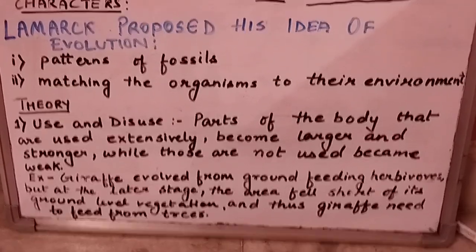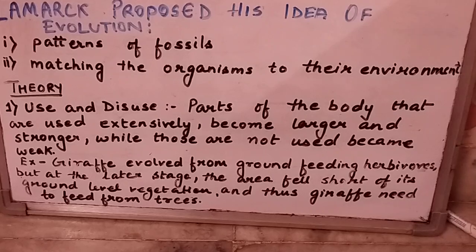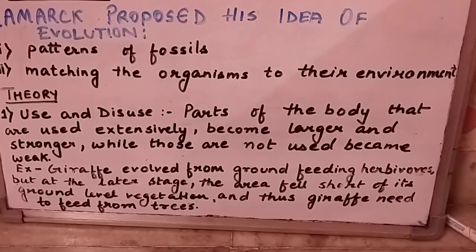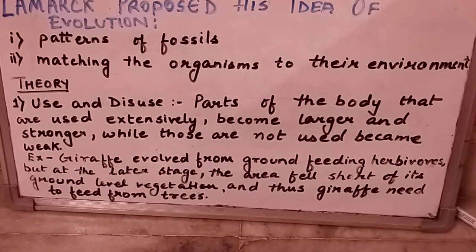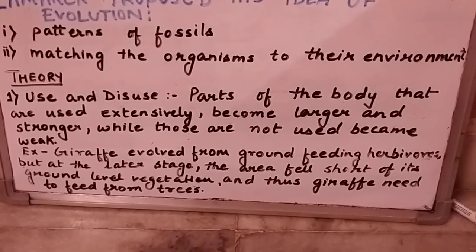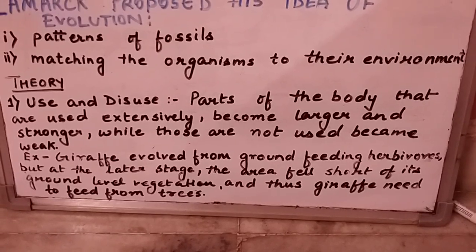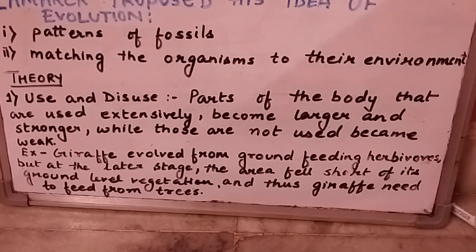The very first theory was use and disuse, which is very important to understand. Parts of the body that are used extensively become larger and stronger, while those that are not used become weak.